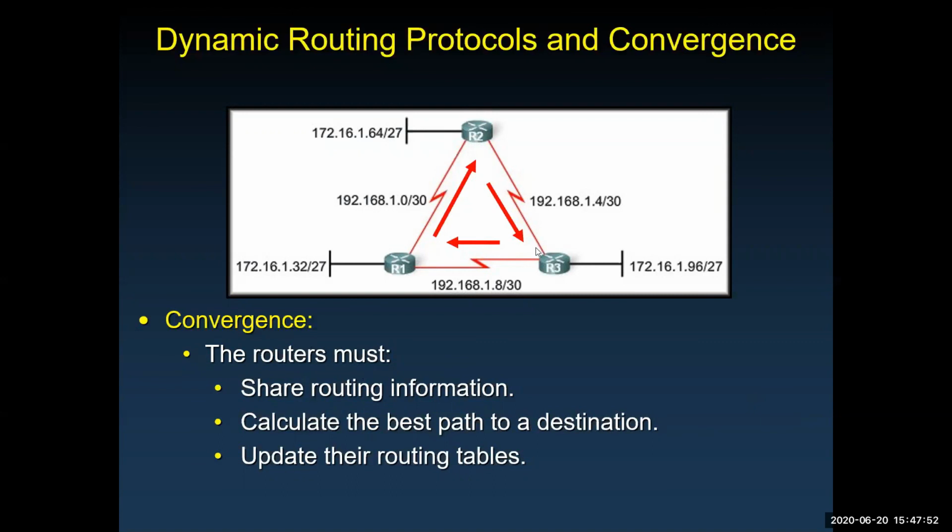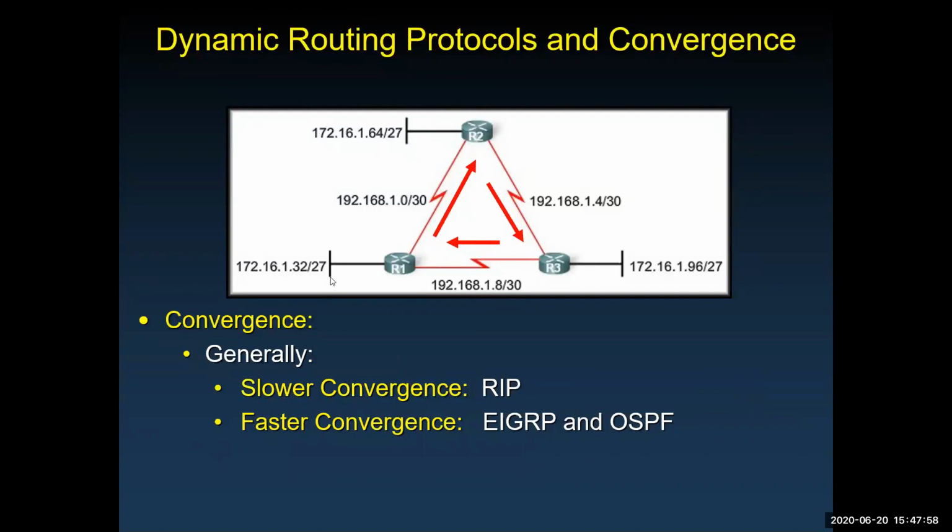If it's RIP, every 30 seconds it sends out its table, or the moment you hit enter. Convergence is generally slower in RIP and faster in EIGRP. Why? Because of the protocol. OSPF uses link state, meaning the one with the fastest bandwidth wins. EIGRP is hybrid, using metric hop counts: the fewer hops, the better.